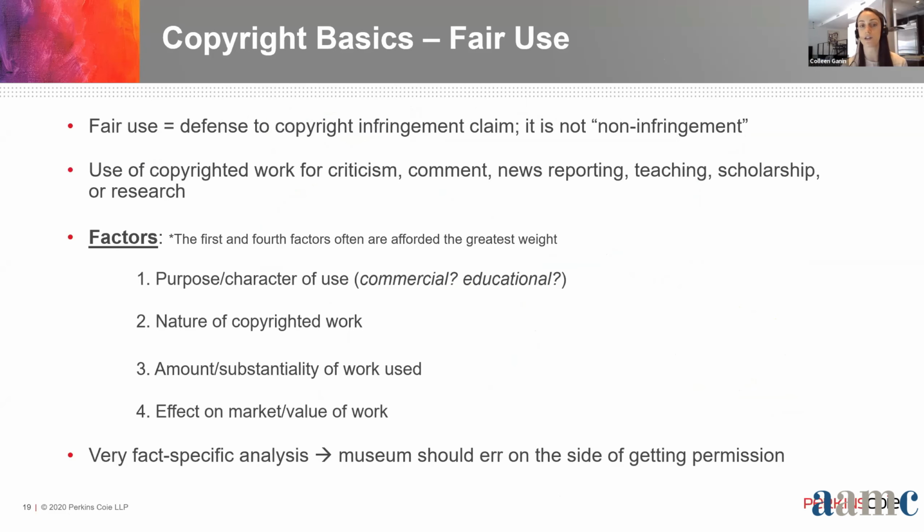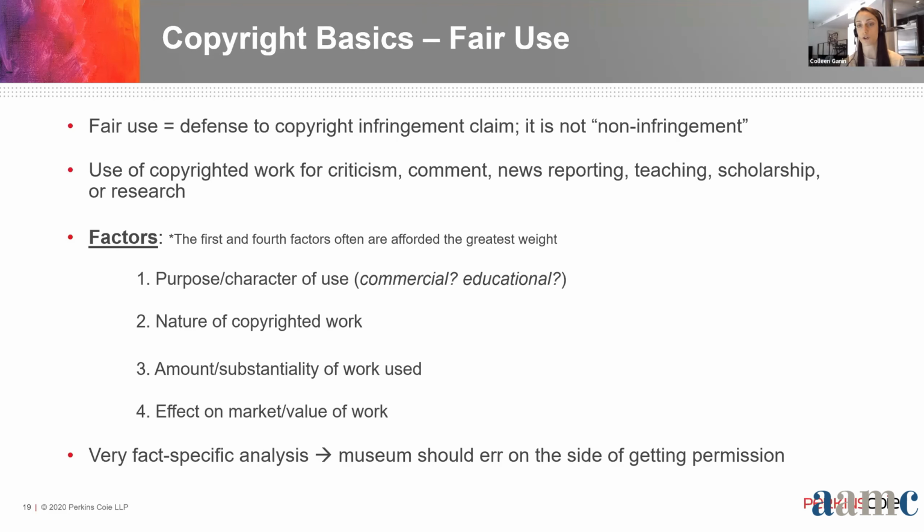So say that you want to use an artwork that is not in the public domain. The question is, can you ever use it without permission from the copyright owner? For our purposes, we would say there are ways, but they're very limited. In particular, a copyrighted work can be used without the copyright holder's permission if it qualifies as what's called a fair use.